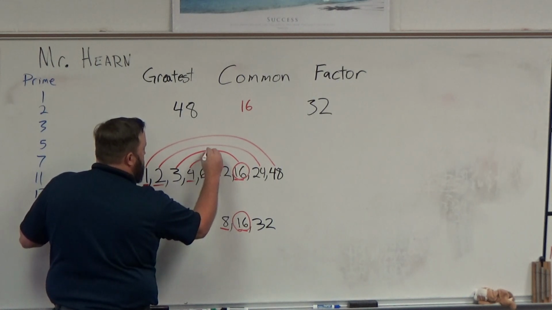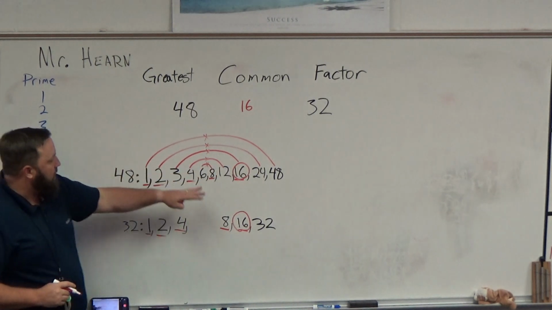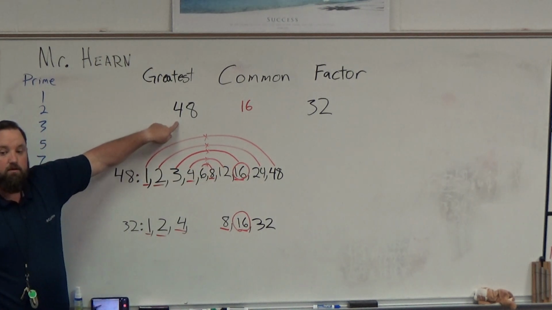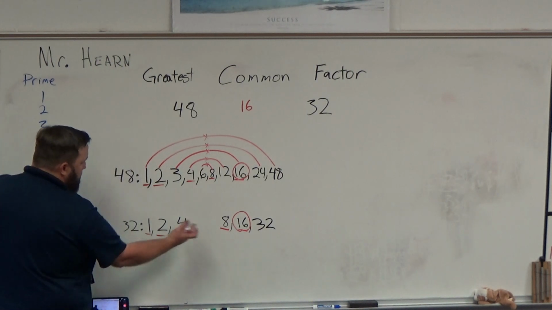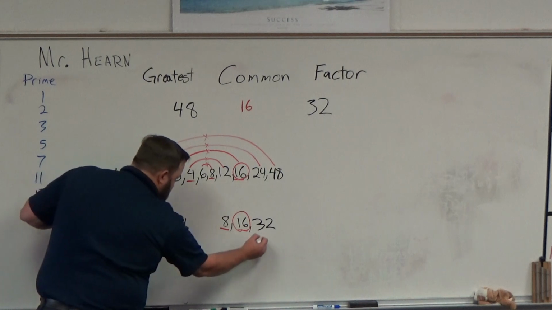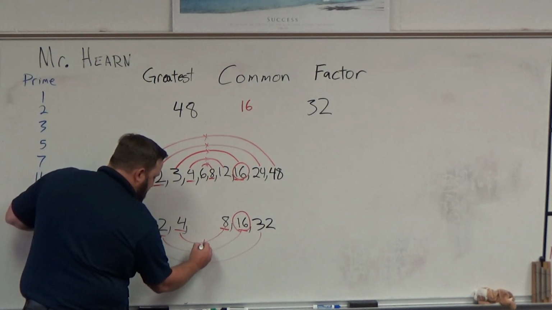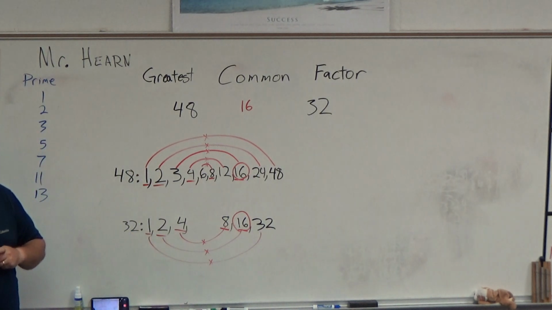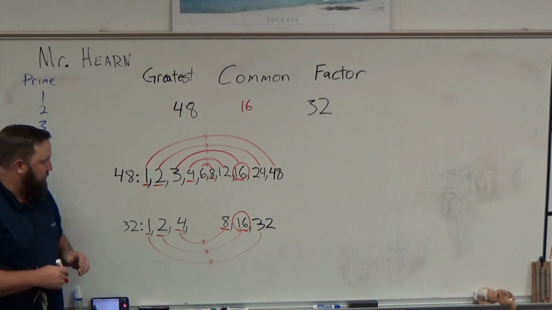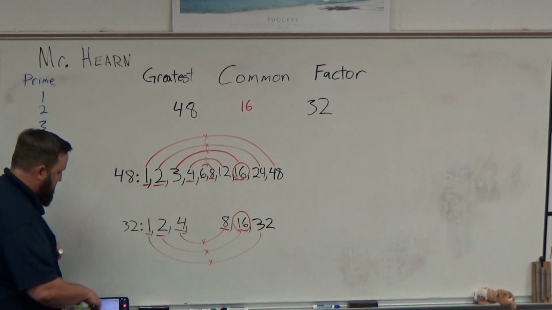You can even make a little multiplication symbol there to show that those are the numbers that I'm multiplying, and they all give me a product of 48. And down here, the same thing, 1 and 32, 2 and 16, 4 and 8, and I can put my little multiplication, if that helps you. That shows how we got those factors of 32. And our greatest common factor is 16.